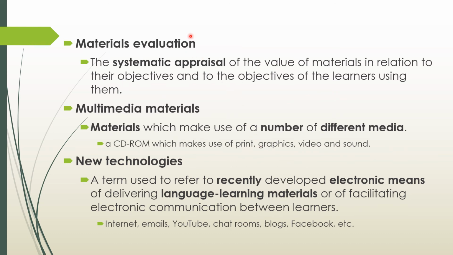And then we will have material evaluation. We are referring to systematic appraisal, that means systematic evaluation or judgment of the value of materials in relation to their objectives and to the objectives of the learners using them. For example, you have English for Today for class 9, and in that particular book you can evaluate. Most of the time evaluation comes at the early stage of development, before going into the hands of the learners.